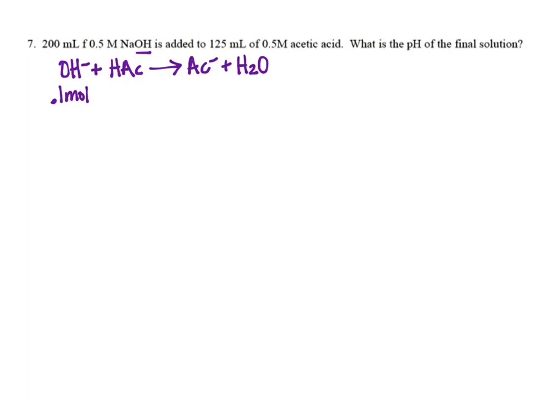I do the same thing for acetic acid, and I end up with 0.0625 moles of acetic acid. Have no acetate, and water goes away. So who runs out first? Acetic acid. So we subtract and add 0.0625.